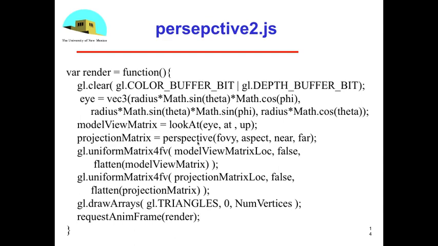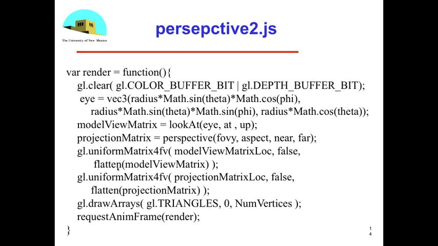I form a projection matrix, using the perspective function, using near and far. All of these have been set globally. I'm not changing the projection. But one of the big points I want to make here is where are we actually doing it? We're doing it in the vertex shader. So I now use the gl.uniformMatrix4fv function to send out the model view and the projection matrices, which are set up as we did when we were talking about transformations and moving them to the shaders.